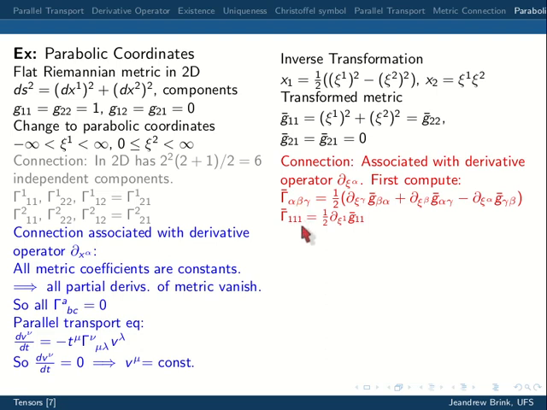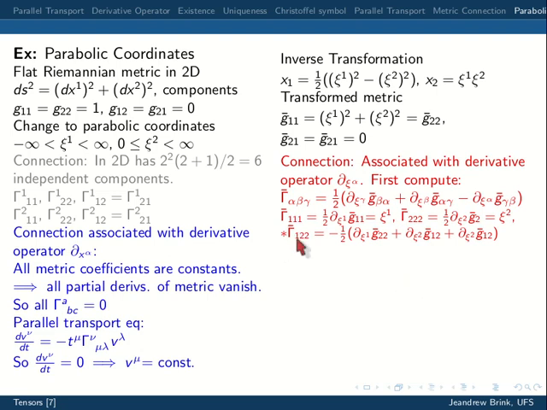And so let's actually write it out. So you have Gamma_111, that's simply a half d/dxc1 g11, and that is equal to xc1. You're going to have Gamma_222, which is simply a half d/dxc2 g22, and that's equal to xc2. Okay, that star shouldn't be there.